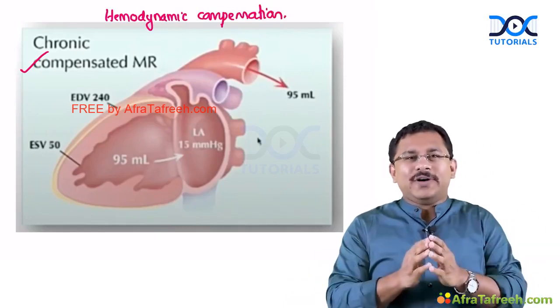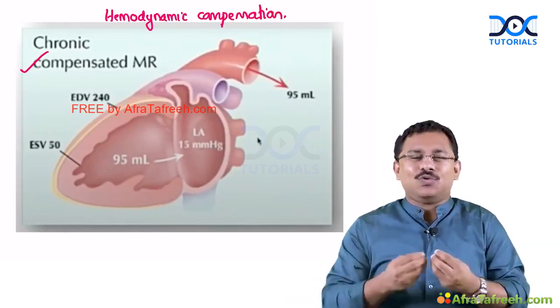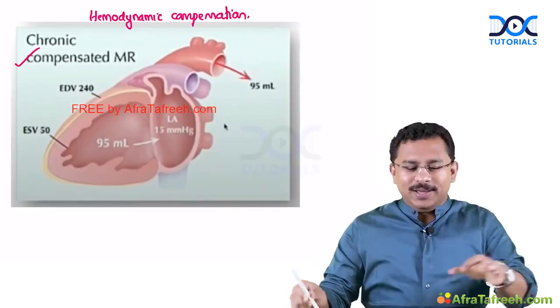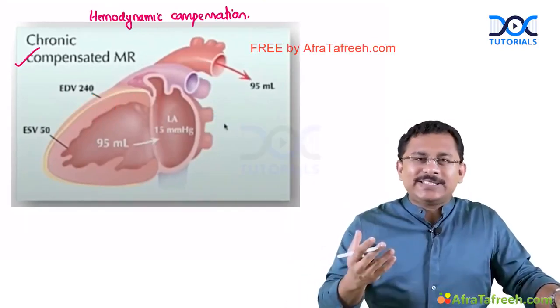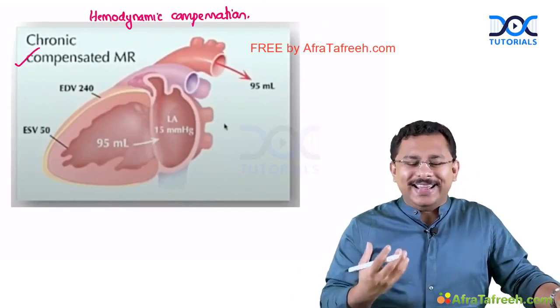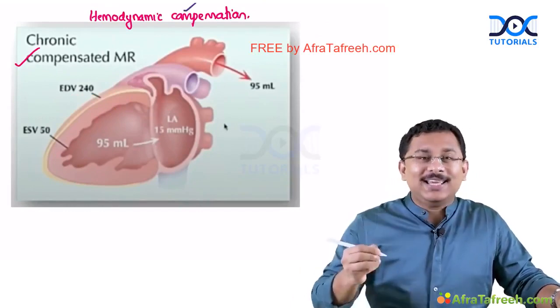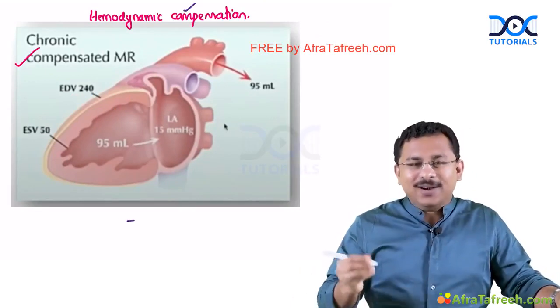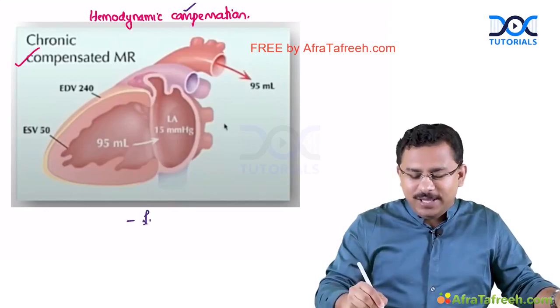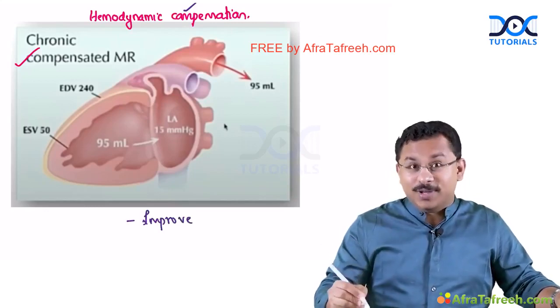Now, when I talk of hemodynamic compensation, what is your body trying to do? The goals that your body is trying to achieve via the compensation: one goal is to improve the forward cardiac output.